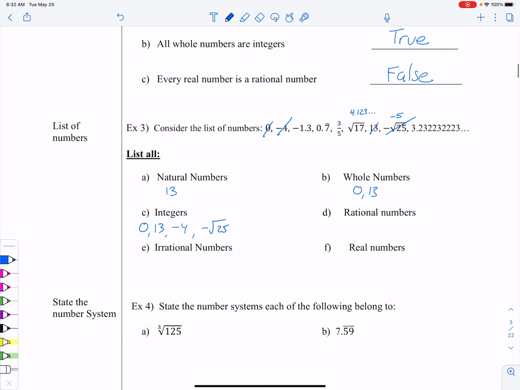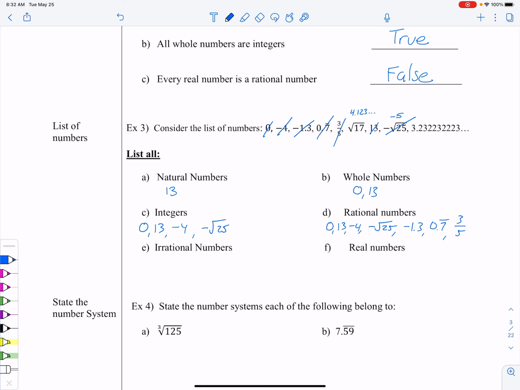So we're going to write everything we have so far, 0, 13, -4, negative root 25. And then we're also going to add in -1.3, a terminating decimal, 0.7 repeating, a repeating decimal, 3/5. And that's it.